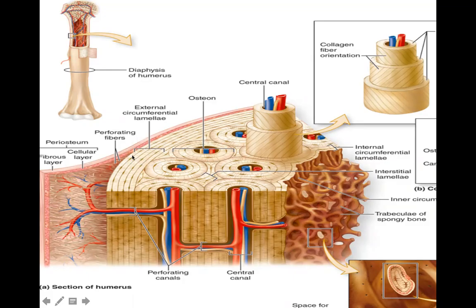Are we clear? This is the bone itself from this tip of the pointer up to this area. But what binds the periosteum, the outer layer of the bone, to the bone itself is your perforating fibers or your Sharpey's fibers. So as mentioned, your periosteum has a fibrous layer, and that's the outer part.